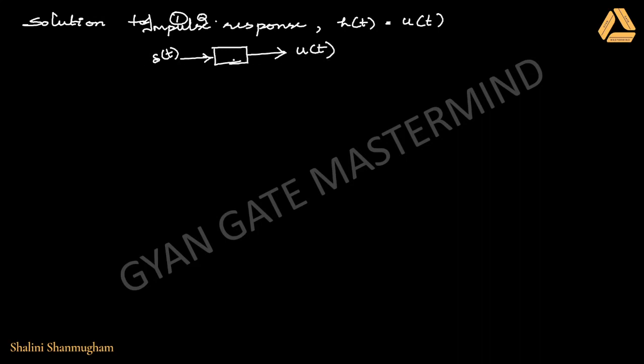So they have given the impulse response and they are asking the output y of t for the given input r of t for the same LTI system.